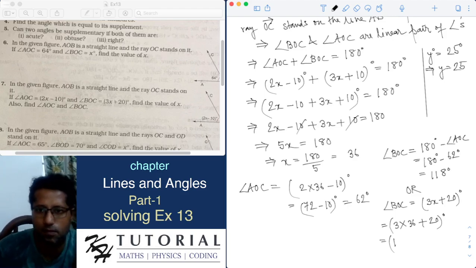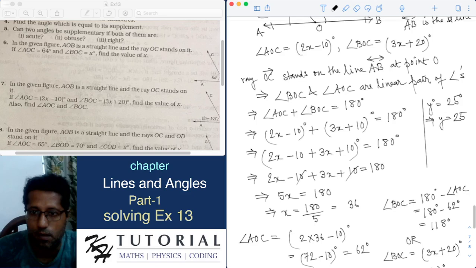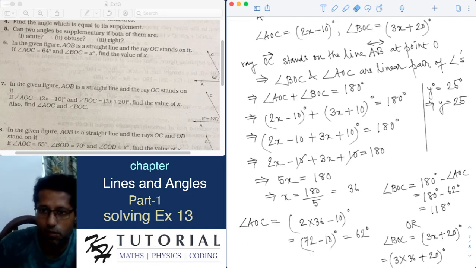Oh, sorry, I made a calculation mistake over here. This will not be 10, but this will be 20. And this will not be 10, this will be 20. So it will not actually cancel.